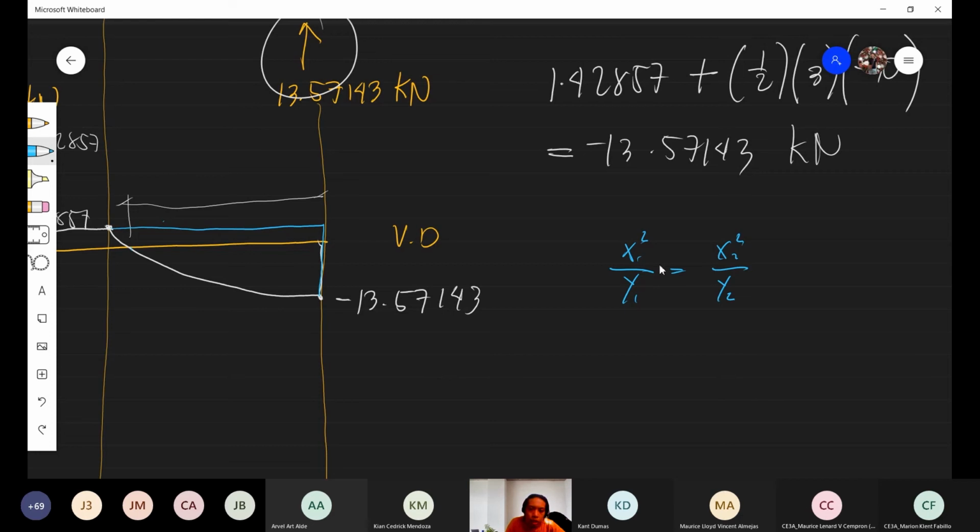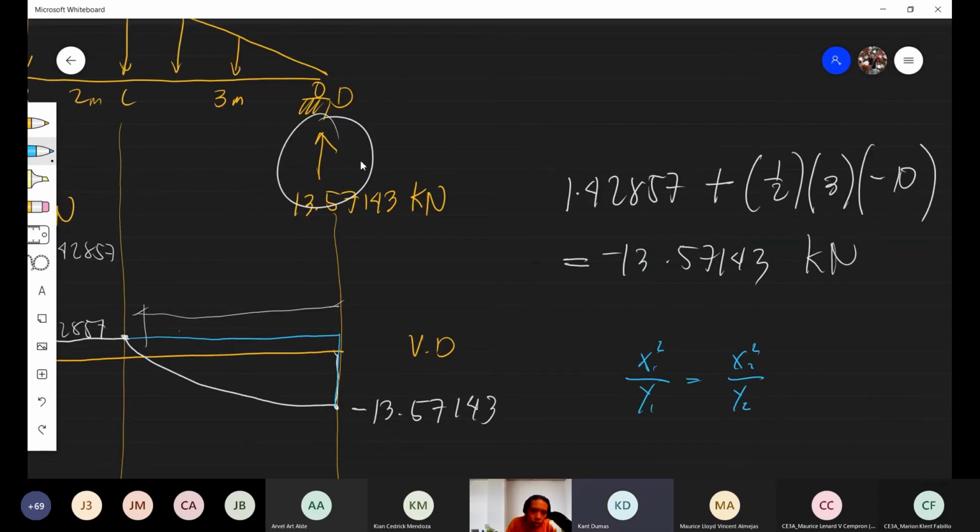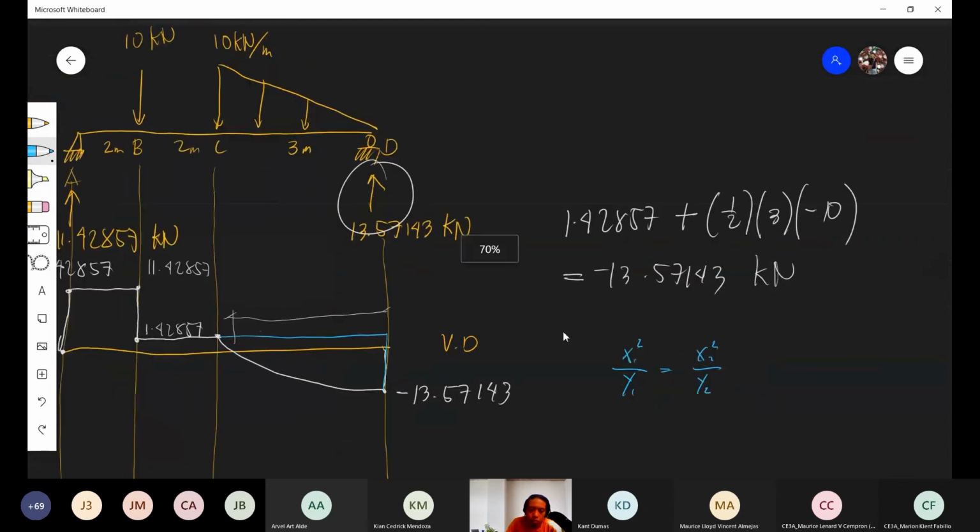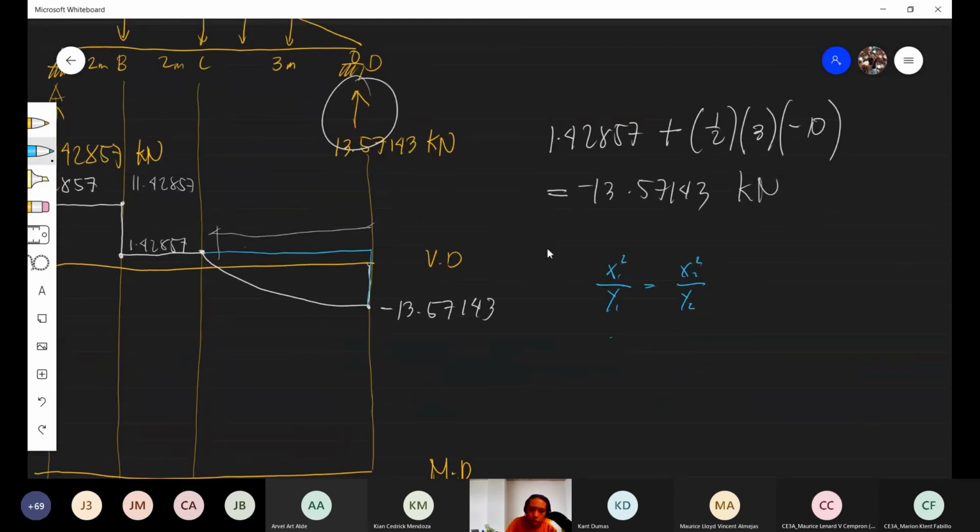What is your x sub 1? Your x sub 1 is this distance from here to here. From point C to point D, that is 3. So we have 3 squared over, what is the distance?